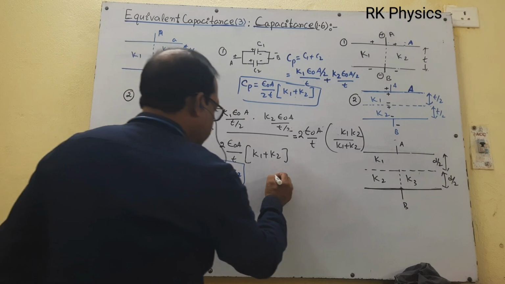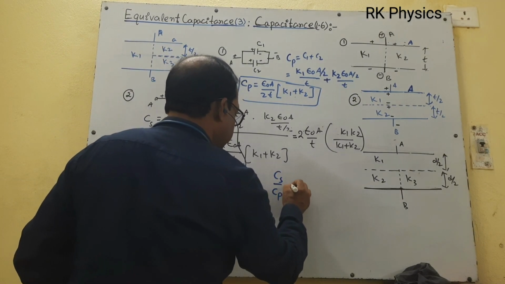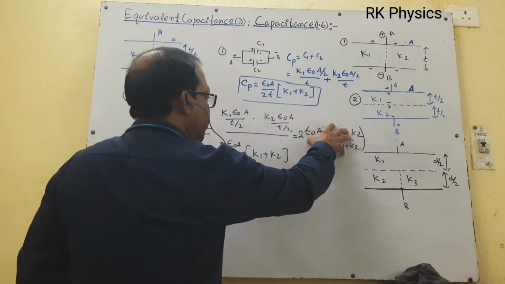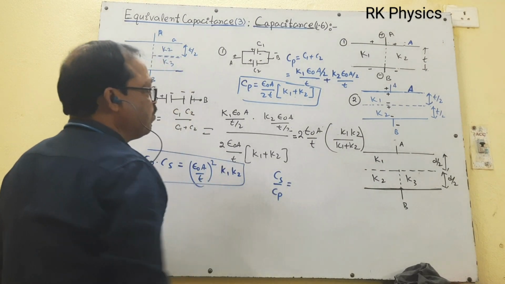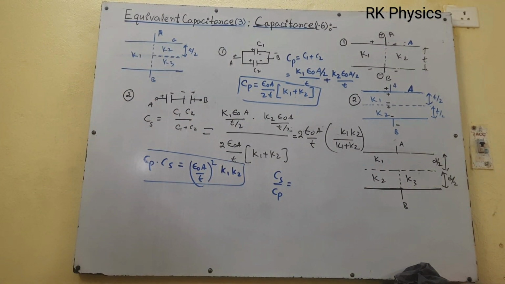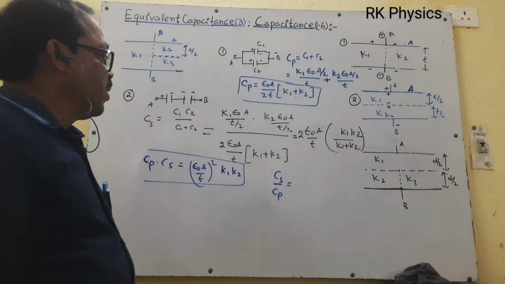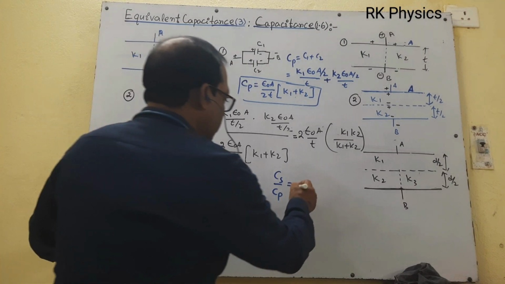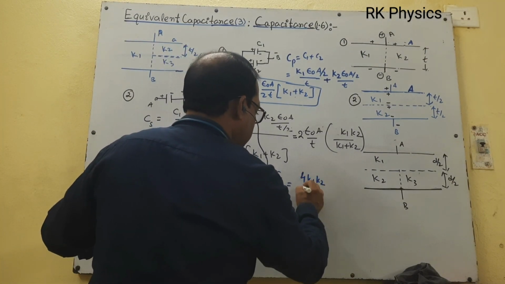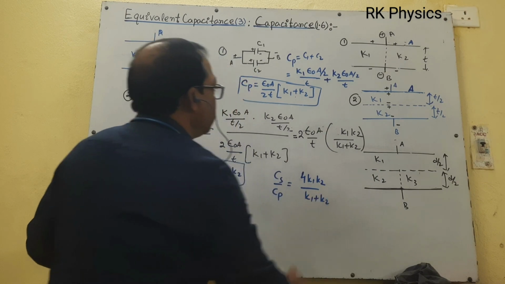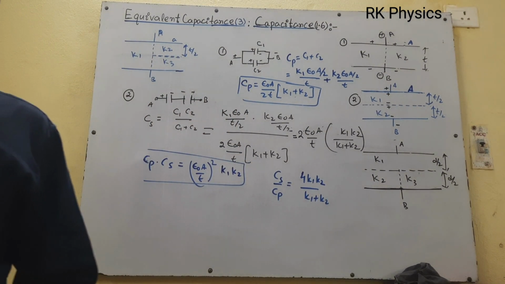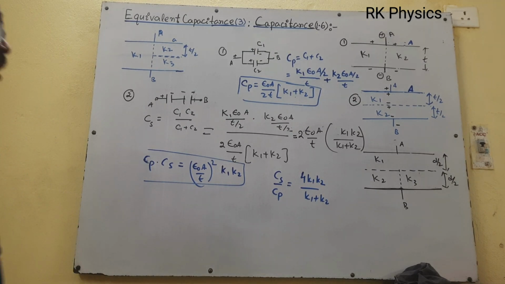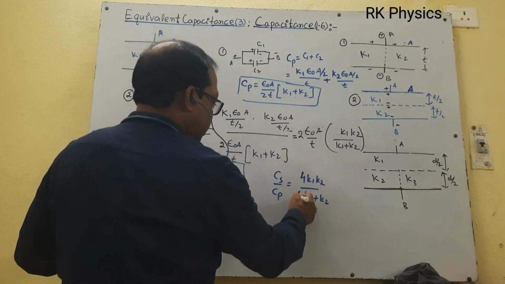Similarly, if you want Cs by Cp, what is this value? Cs by Cp: you take Cs in the numerator and Cp in the denominator. Then in that case, you can find the value, which is 4 k1 k2 divided by k1 plus k2 whole square.